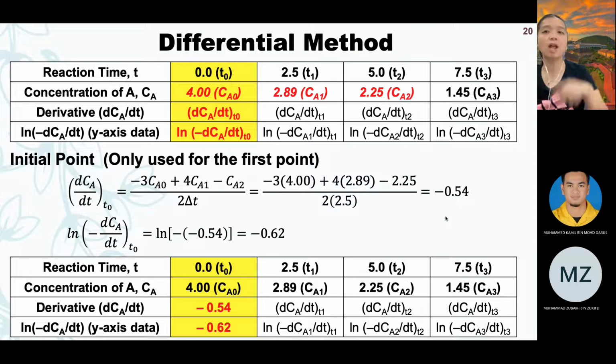Maksudnya kita kena buat ln minus 0.54 ataupun in simple word ln positif 0.54 sebab negatif jadi positif, kita lonkan positif 0.54, you get actually negative 0.62. So this part yang penting lah, kamu kena be very careful when you do calculation sebab nombor dia negatif. Tapi kita kena negatifkan sekali, jadi positif. Jadi kita lonkan nilai tu dapat pula negatif. So that's mathematics lah. Okay, so done.